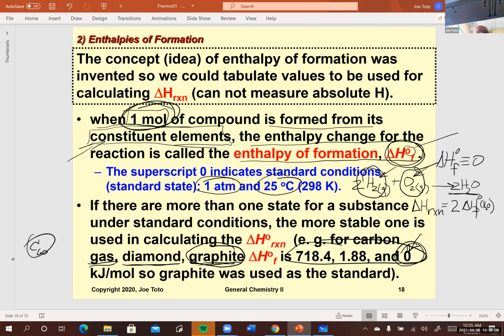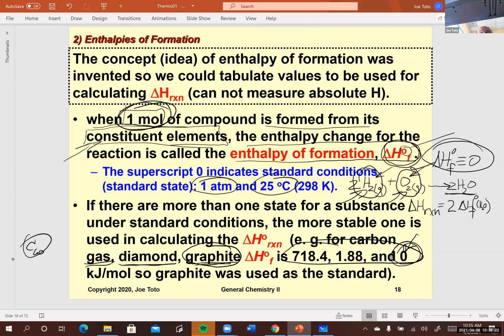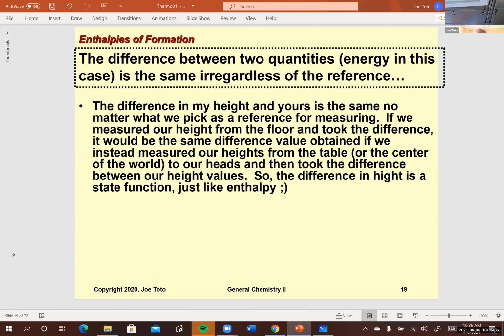We don't have to form the elements in their standard conditions because this is the way they already exist. They're already formed. So it doesn't take any energy and it doesn't give any energy. That's why we can define it as 0. But it gives us a reference. And we can use that reference to calculate the differences in energy for any reaction, and therefore their delta H of reactions.